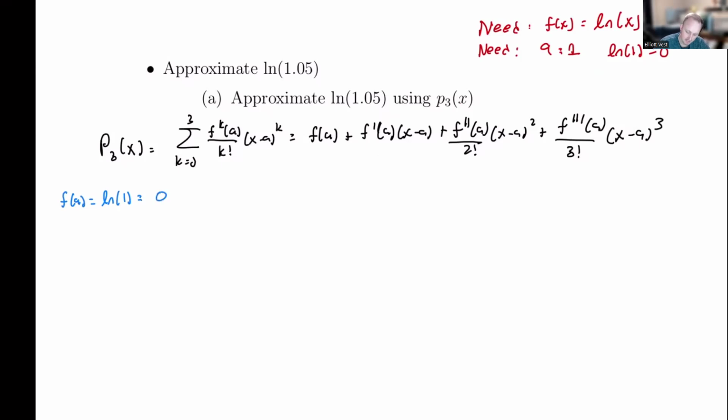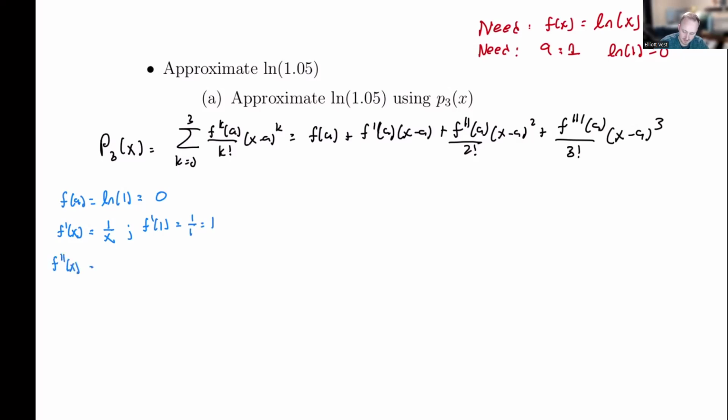That is going to be 0. f prime of x, if f of x is ln of x, is 1 over x. So f prime of 1 is 1 over 1, or 1.